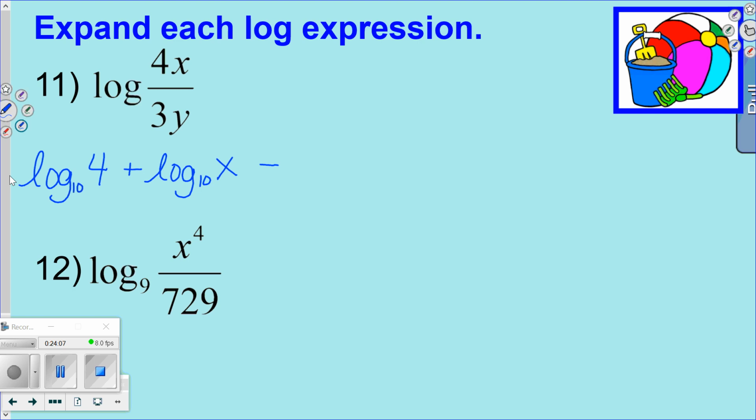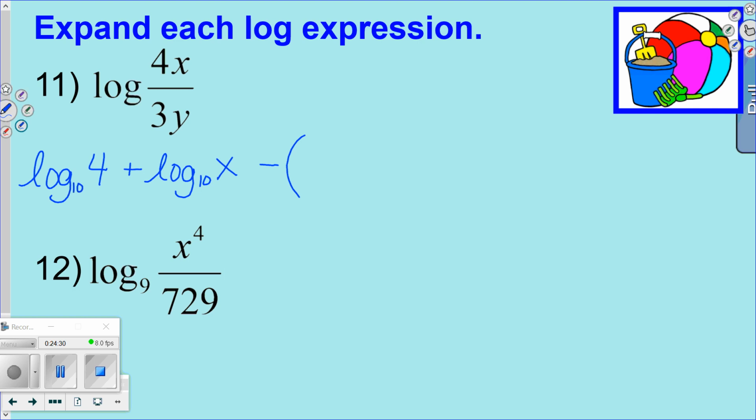Now, hold on. Here's where we're going to have issues. Well, yeah, because we need to make sure the 3 and the y both are where? On the division part on the bottom. So what should I do with the whole 3y part then? To ensure they stay together? Parentheses.